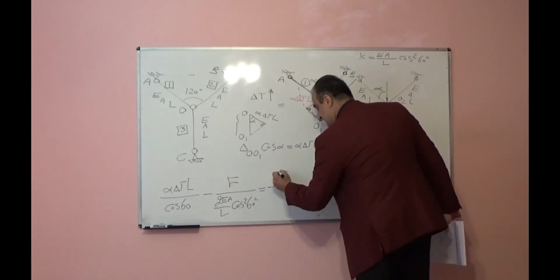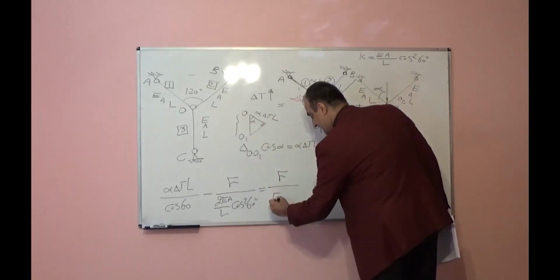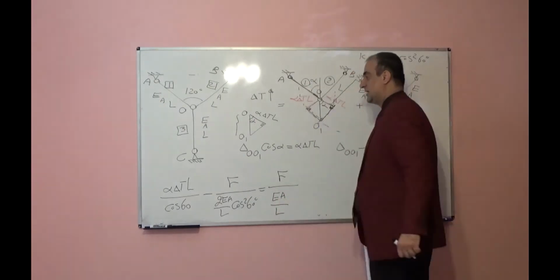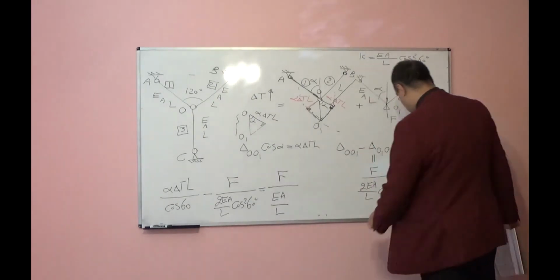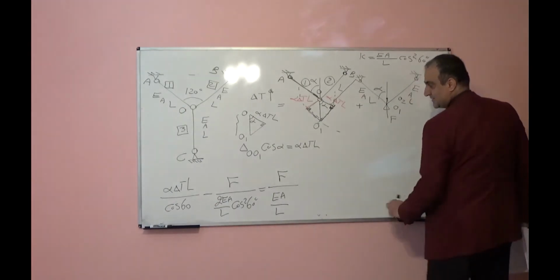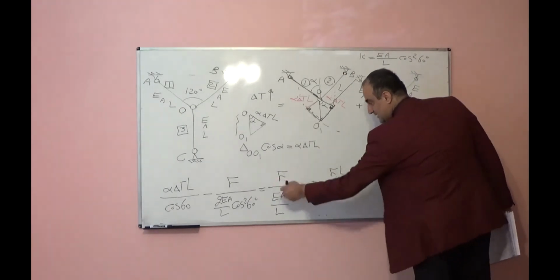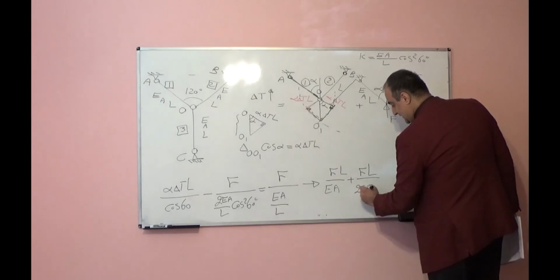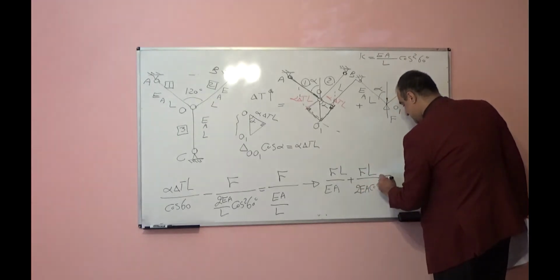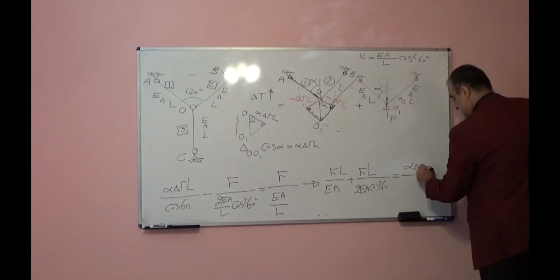If I assume internal force in this member is F, deformation in this member will be F divided by axial stiffness, F divided by EA over L. From here, we have one equation, one unknown, so we can transfer this term to the other side and write F L over EA plus F L divided by 2EA cosine square 60 is equal to alpha delta T L cosine 60.